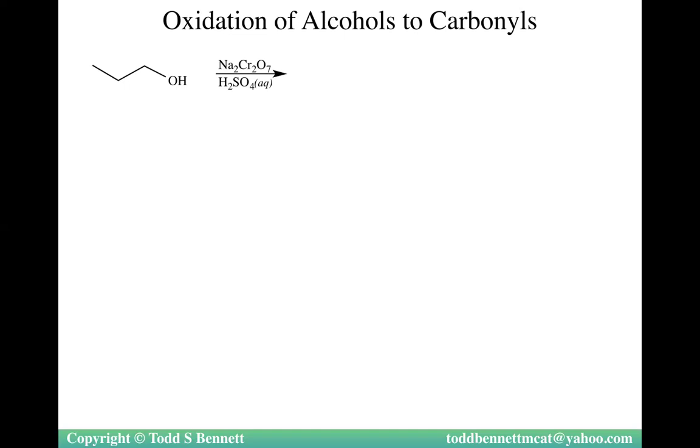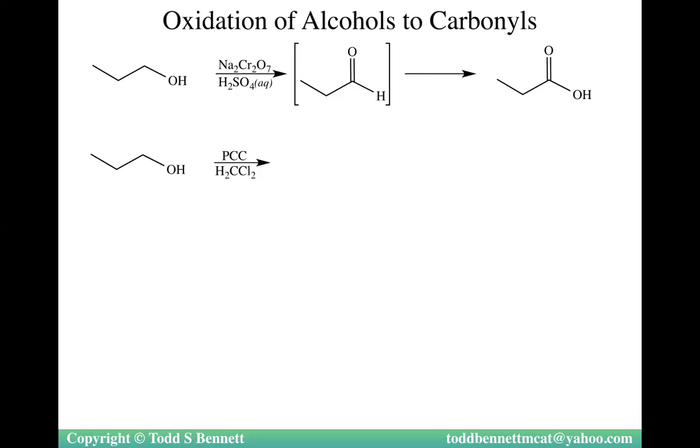In acidic conditions, chromate will oxidize a primary alcohol all the way up to a carboxylic acid. It can only be stopped at the aldehyde if we add a poison. That poison is pyridine. The pyridine binds to the chromium, so that lone pair on the pyridine is donated to chromium and holds it in place.